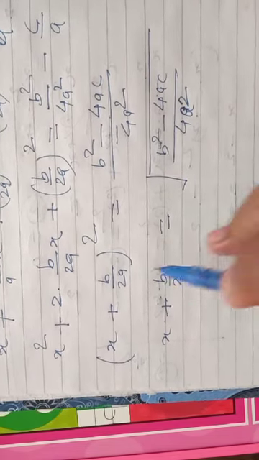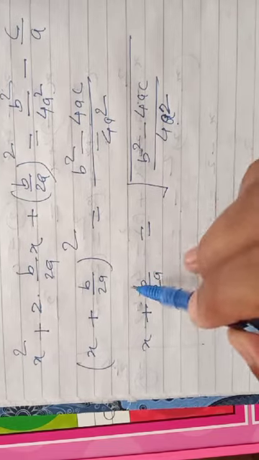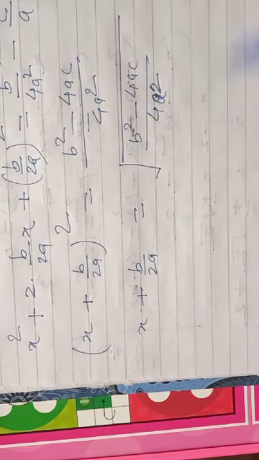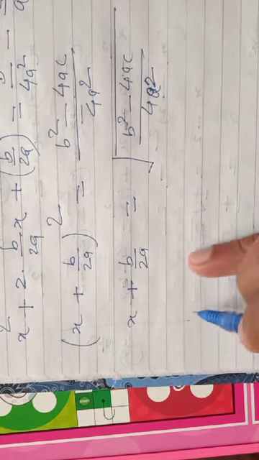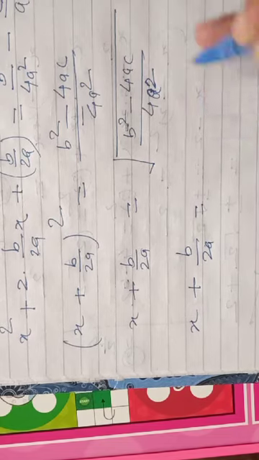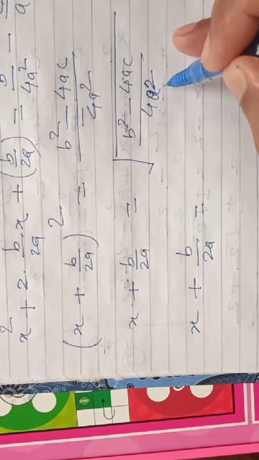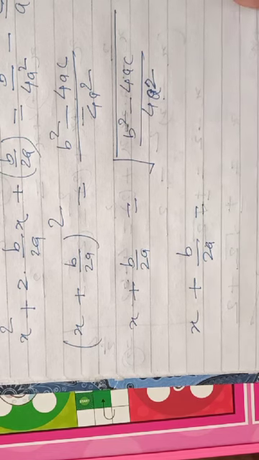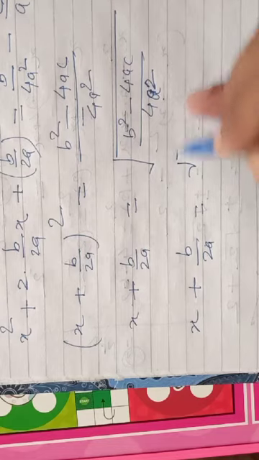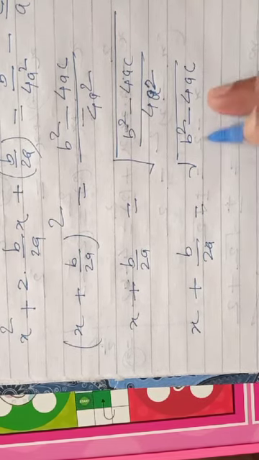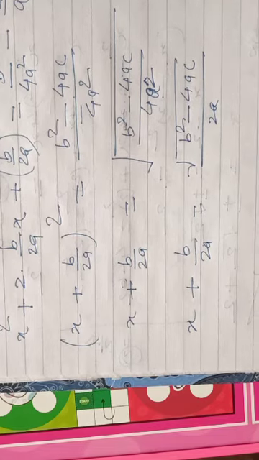Okay, because when you remove the square, the RHS value will come in the square root. Now that will be x plus b upon 2a is equal to, 4a square is the square value, it means you can write it like 2a whole square. So the square value will come out from the square root. So the value will be here square root of b square minus 4ac upon 2a.